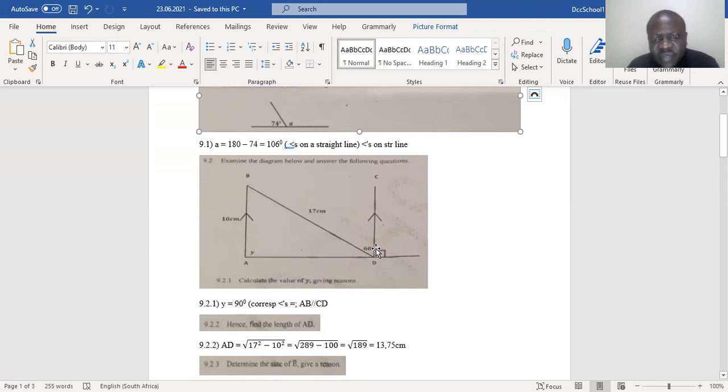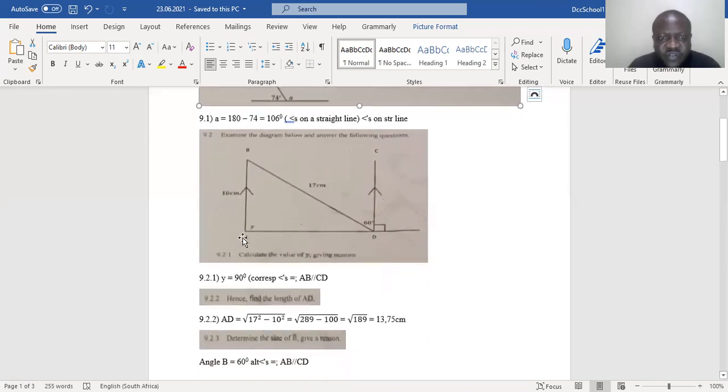Angle Y is equal to this 90 degrees. So these lines are meeting at right angles. Because they are meeting at right angles, they make the triangle ABD a right angle triangle. That means you are allowed to use the Pythagoras Theorem, which states that the sum of the squares of the two shorter sides is equal to the square of the longer side, which is commonly known as the hypotenuse.